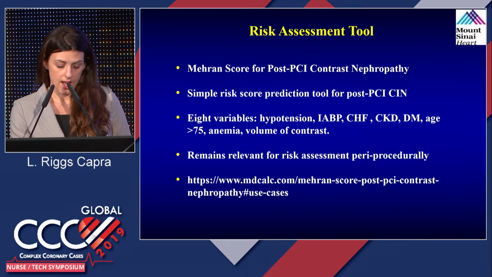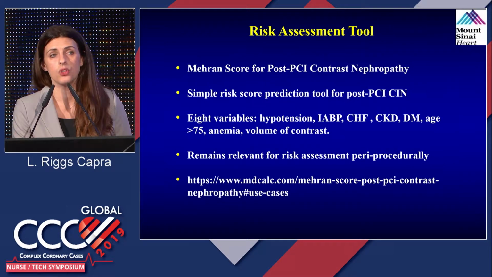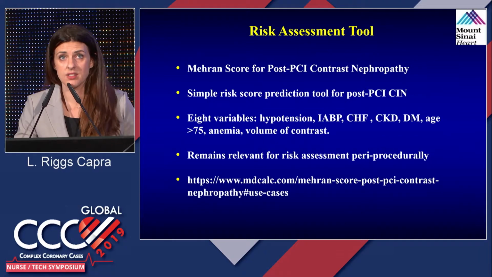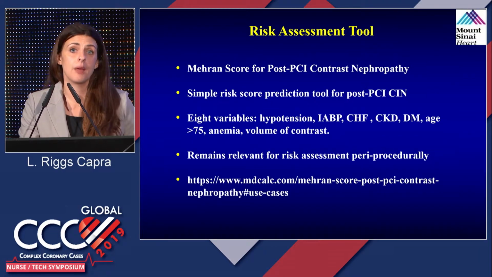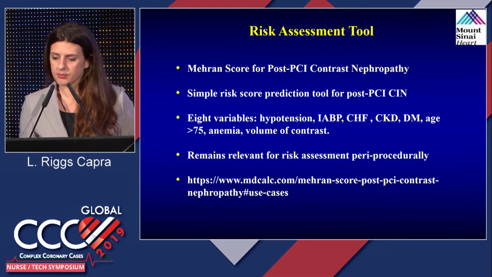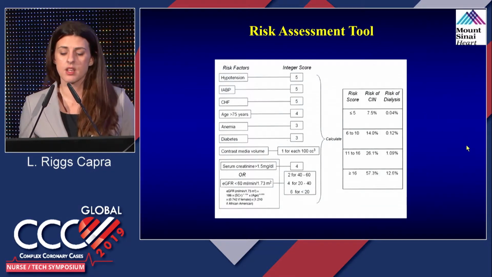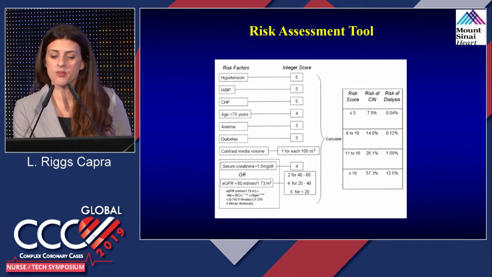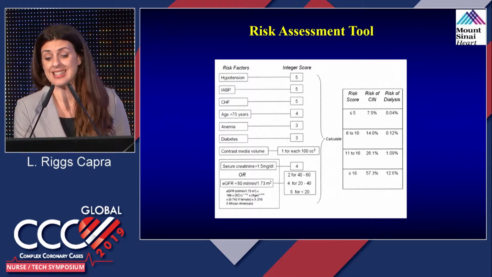And Dr. Mehran actually published a new article just 2 weeks ago, May 30th, in the New England Journal of Medicine, with an update on her thoughts about contrast-induced nephropathy for our PCI patients that I would urge everybody to take a look at. This next slide just shows us what sort of score the different risk factors get. So our hypotensive patients, our CHF patients, their risk factor is higher than someone with just anemia.